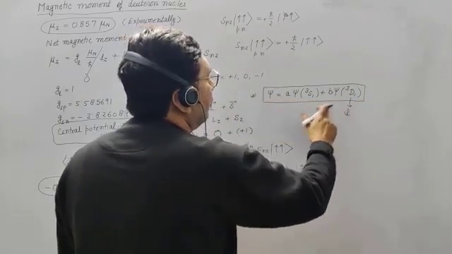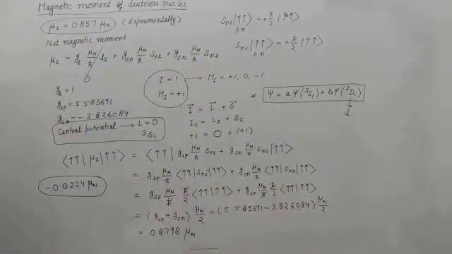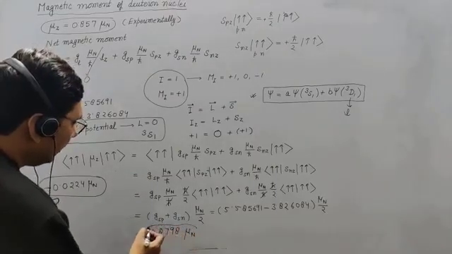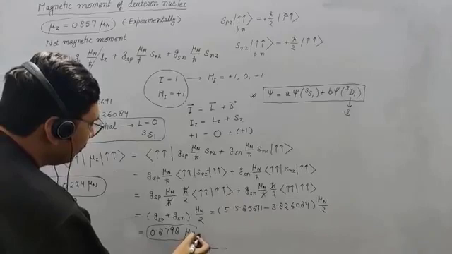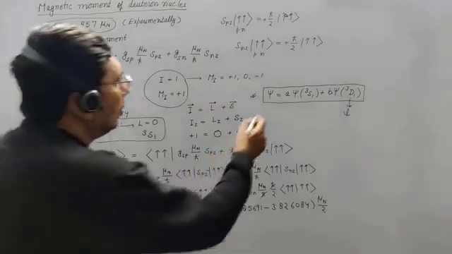Two L values are here, and this is possible only when we assume the non-central potential. So this discrepancy in these two values indicates that the potential is non-central in nature and the ground state of the deuteron nuclei is an admixture of two states, 3S1 and 3D1.